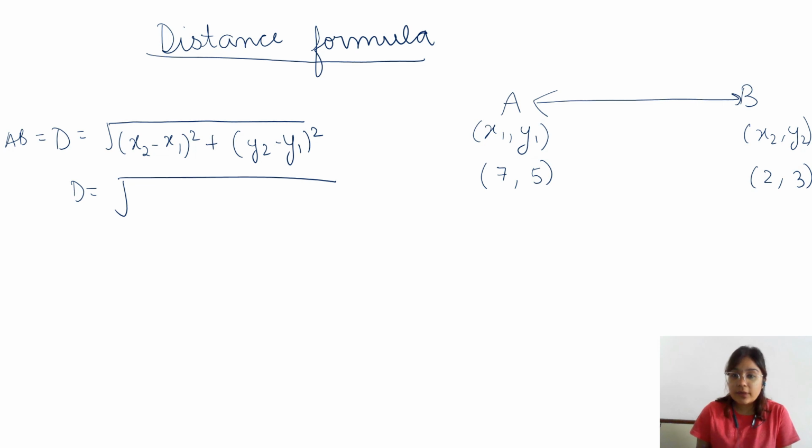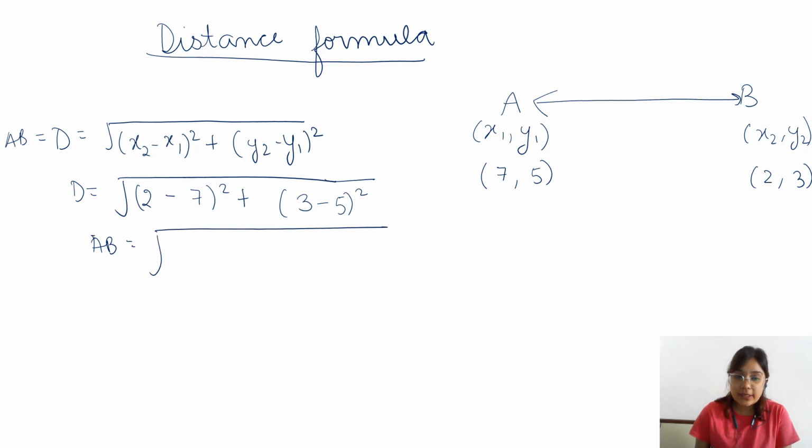Okay, so x2 minus x1. What is x2? Here x2 is 2, minus x1 which is 7, whole square, plus y2 which is 3 and y1 which is 5. Now I know you can solve this question. Either you can write D or you can write the distance between the 2 points AB. So you can easily write, okay.